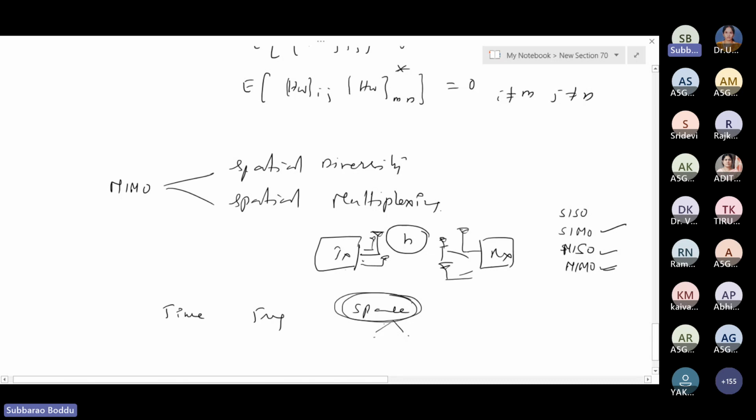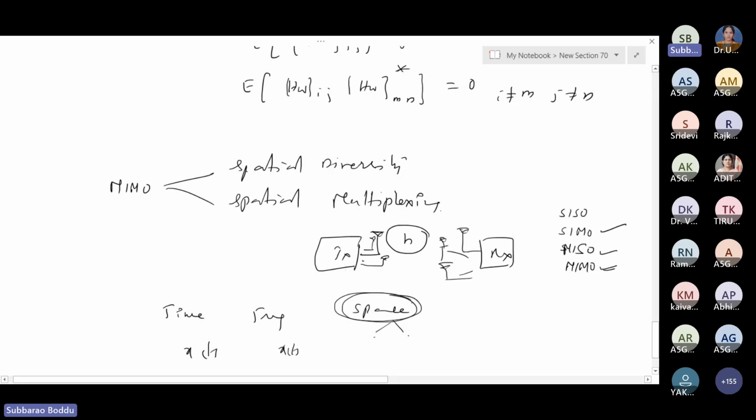Diversity means when you send a signal onto the air, I would like to receive multiple copies at the receiver. We could receive the copies in time domain, frequency domain, or space domain. In time domain, when you send a signal, for example x of t, you can receive a copy at a delay.